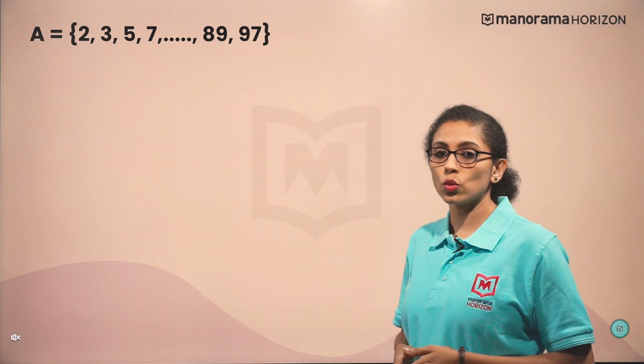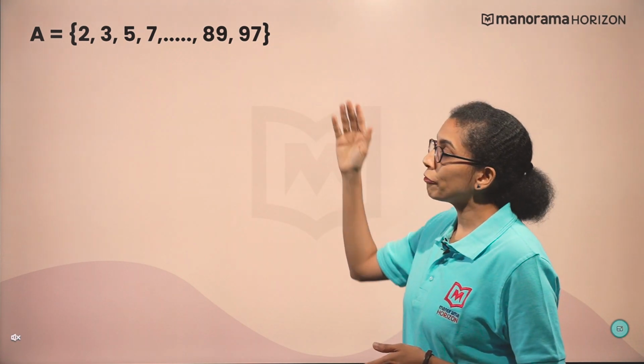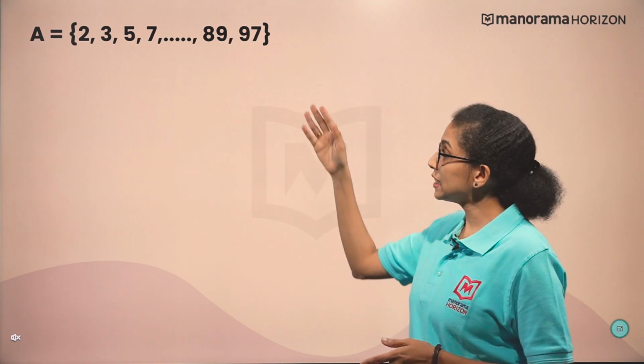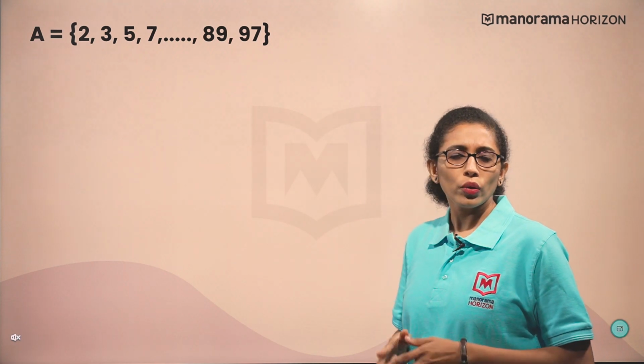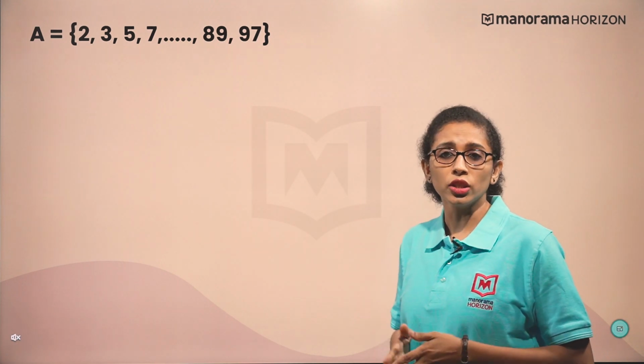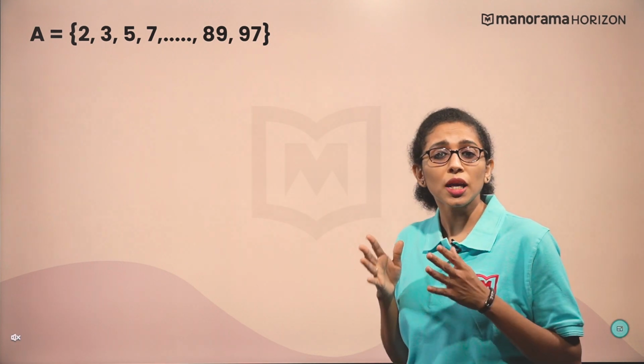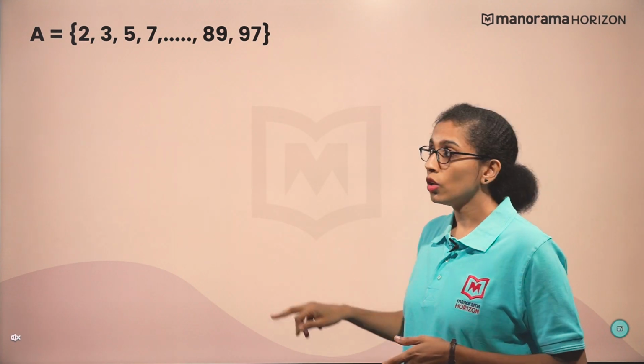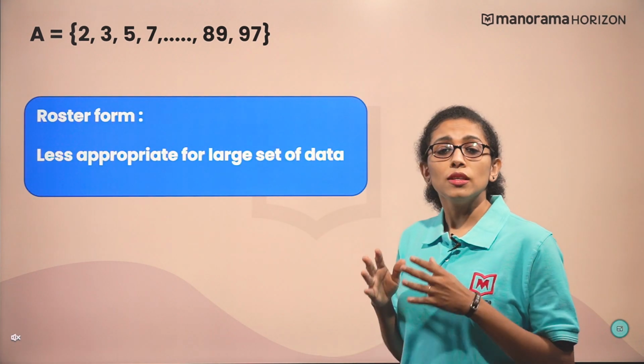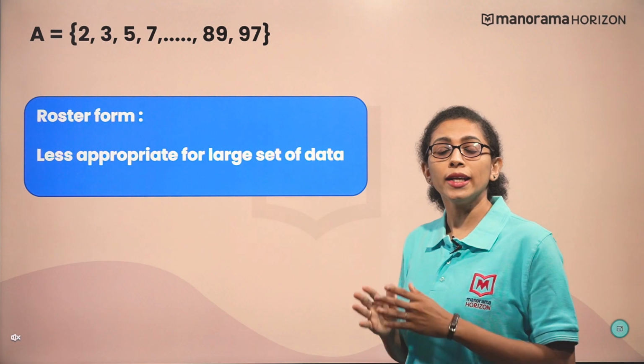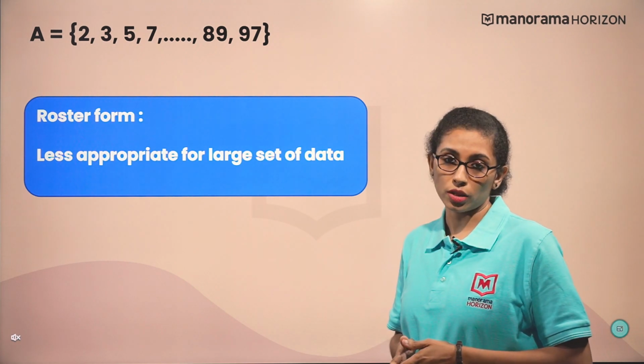You get set A = {2, 3, 5, 7, ..., 89, 97}. We cannot show all of its elements in a single row. Why? Because it's a time-consuming task. Roster form is less appropriate while handling large sets of data.